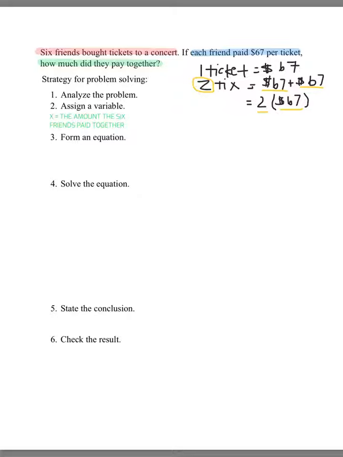Now, following that same ideology, for 3 tickets, the long way to do it is 67 plus 67 plus 67, and again, that's through addition.